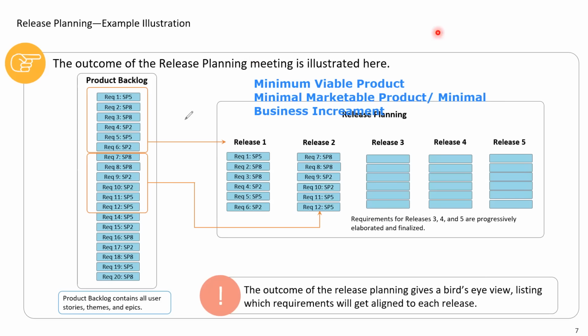In some scenarios, multiple MVPs could be there, as mentioned earlier. In some situations, MVP 1 plus MVP 2 plus MVP 3 is equal to MMP, right?